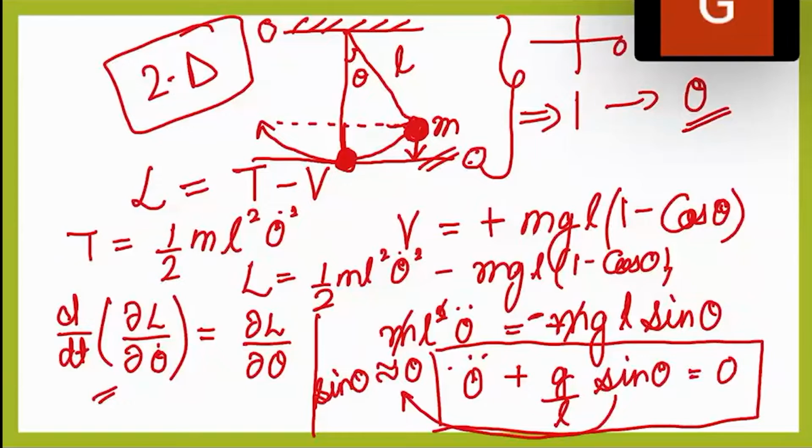In order that this system performs simple harmonic motion, the assumption that we take is that theta is very small, therefore sine theta is equal to theta. Okay, so this is your equation of motion from the Euler-Lagrange equation. Any question? Shall I proceed further if you have any question here?